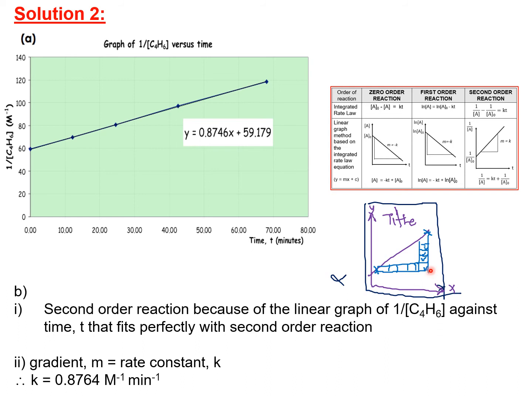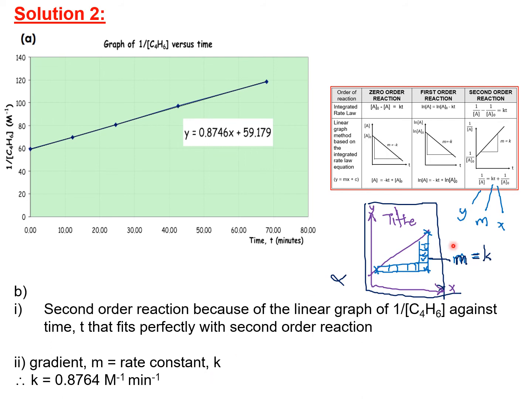Now, according to y equals mx plus c, 1 over concentration is y, k is m, and t is x. So your gradient m is equal to k, the rate constant.